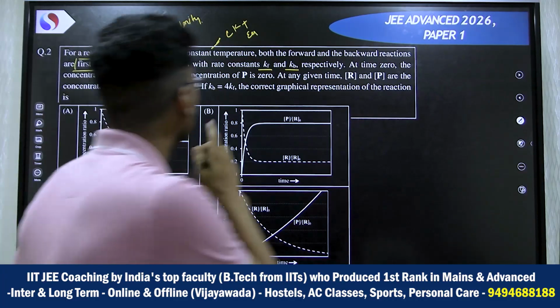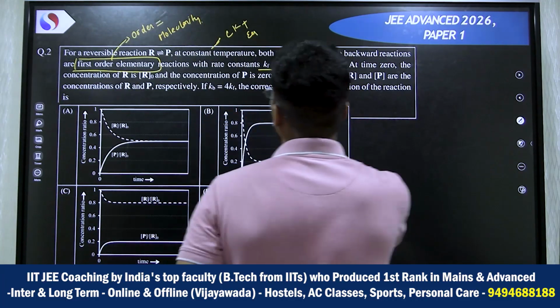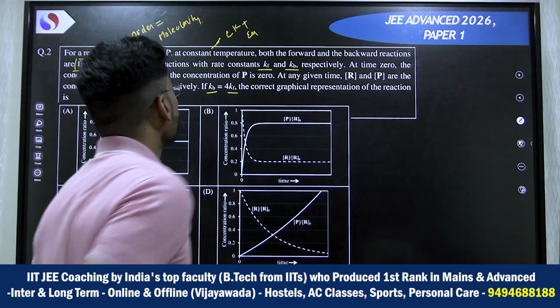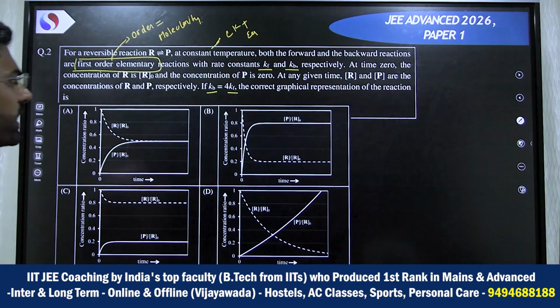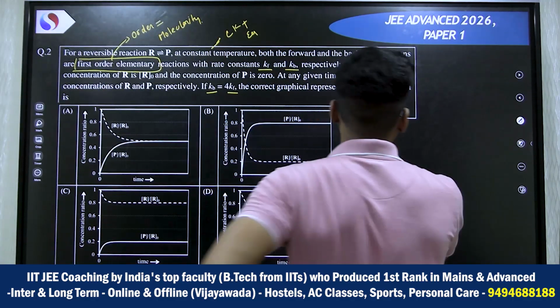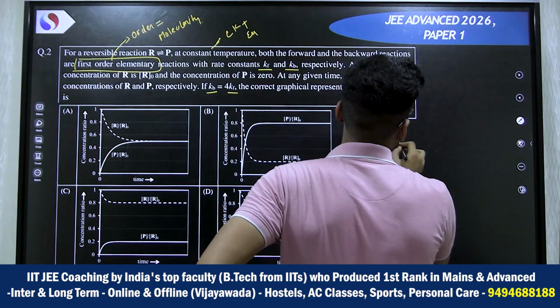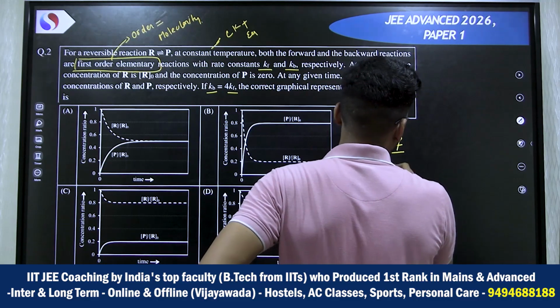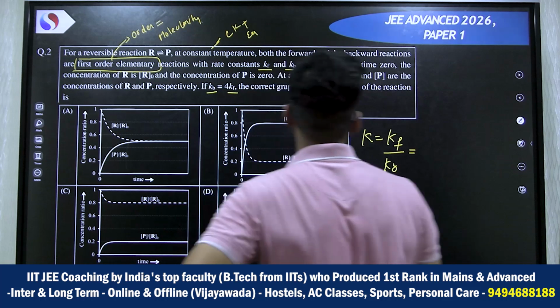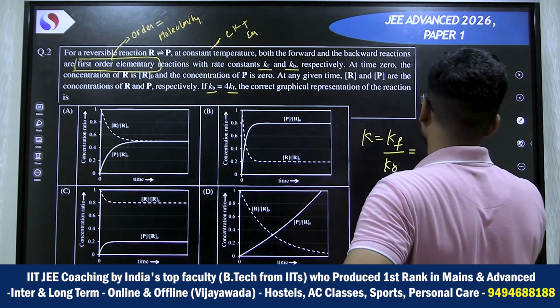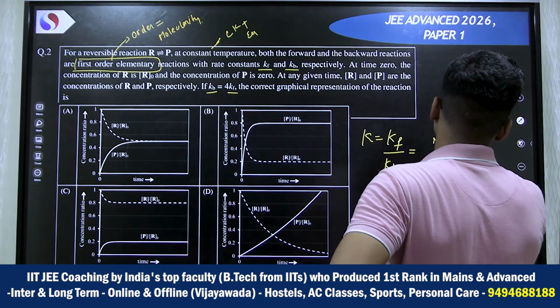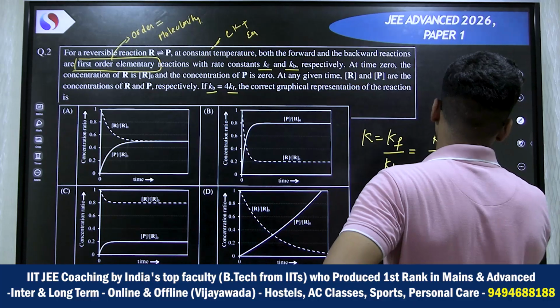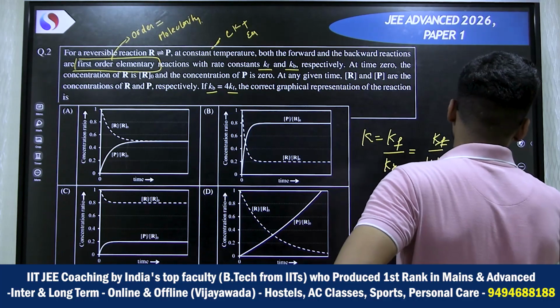I will tell you. What they have given is Kf and Kb, where Kb is 4 times K forward. I know that the equilibrium constant is equal to what? Rate of forward over rate of backward. The backward rate constant is 4 times the forward, so this is 1 by 4.